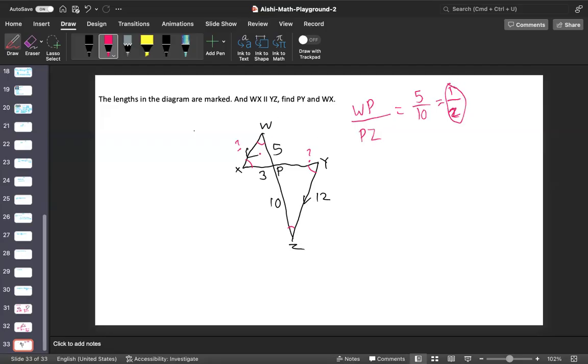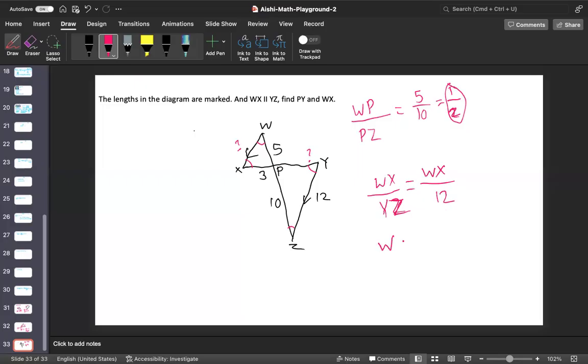So if we start with WX, then WX divided by, if you flip this over, YZ is the corresponding side to WX. So WX divided by YZ is equal to WX divided by 12.